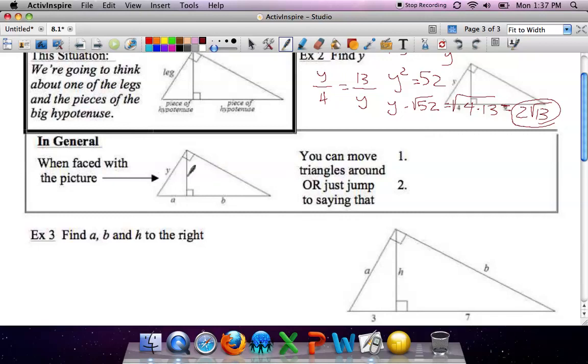When faced with a general picture that looks like this, you can say that A over y equals y over A plus B. Or in words, we would say the piece of the hypotenuse is to the close leg as the close leg is to the entire hypotenuse.